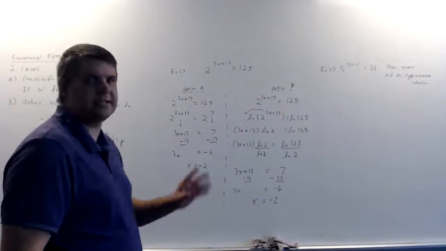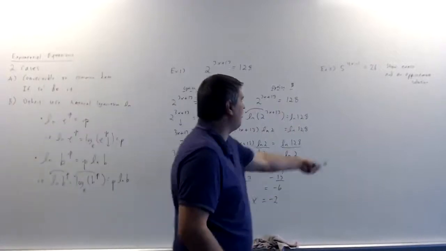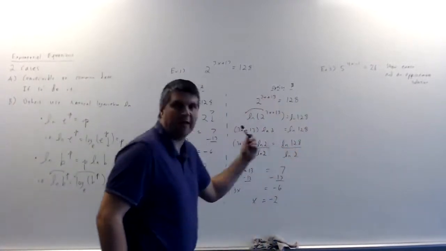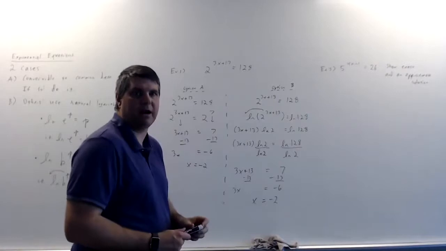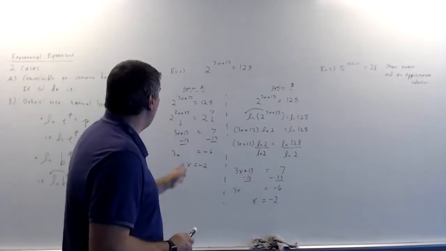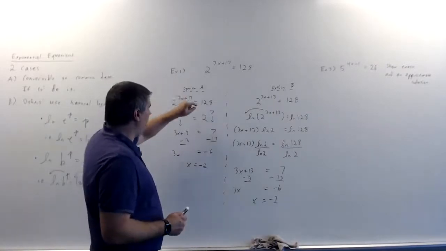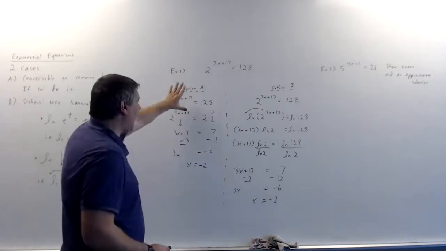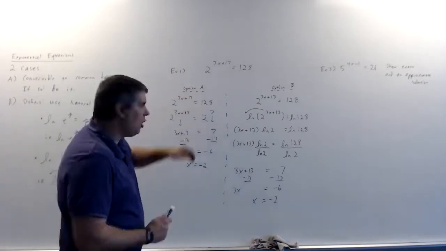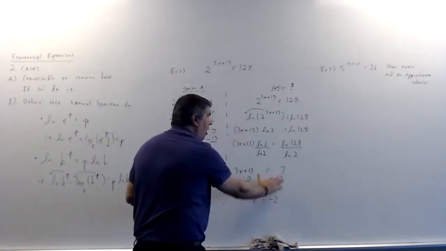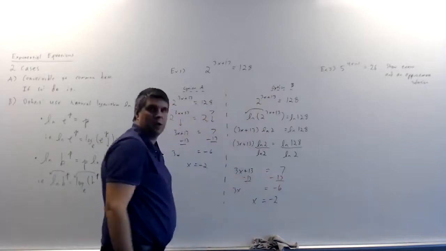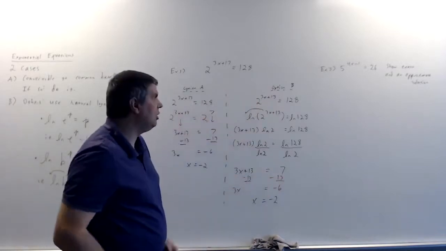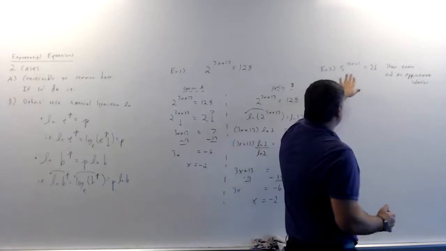Okay, I've erased example 2 and replaced it with example 3. I left example 1 up for comparison purposes. Now, with example 1, we could have done this without a logarithm or with a logarithm. Here, we don't have a choice.